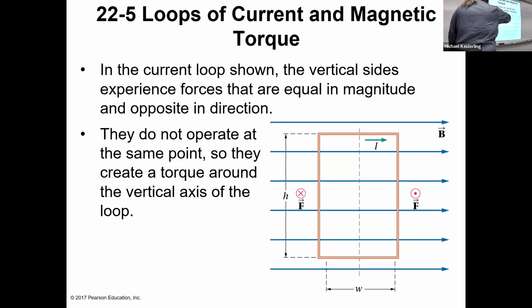So assuming that we have something like this, where two sides are parallel, two sides are perpendicular, this is our current times length times magnetic field. That's the force. And the radius is half the width.